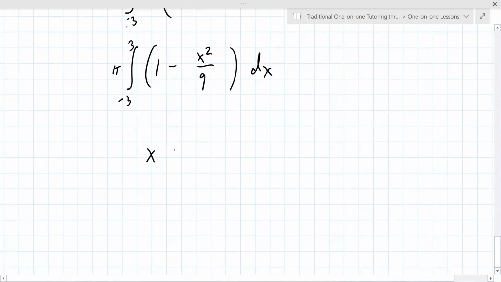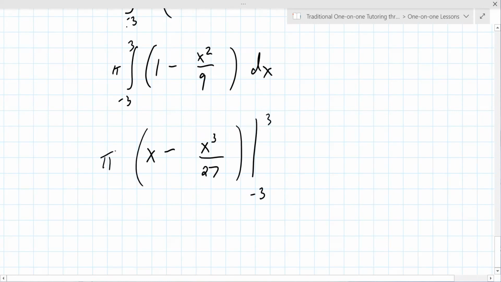So then x minus x cubed over 27, evaluated from -3 to 3. Then you got a pi. So 3 minus 3 cubed over 27 minus (-3 minus (-3) cubed over 27).